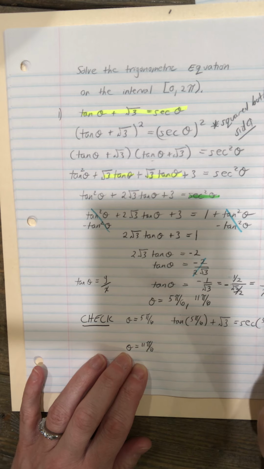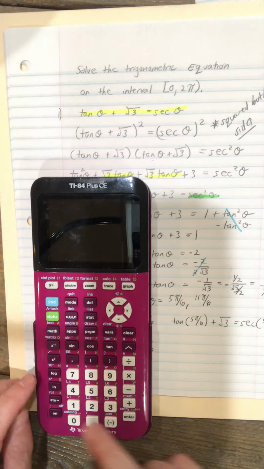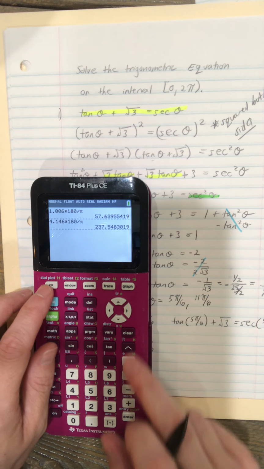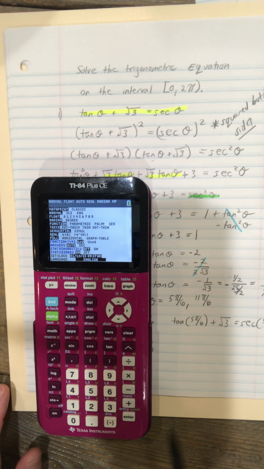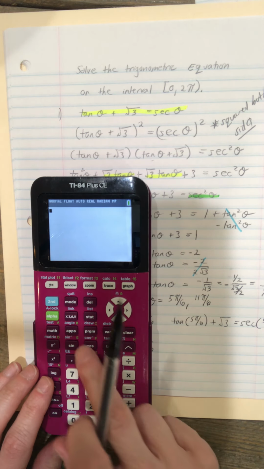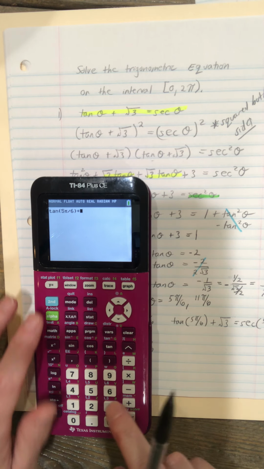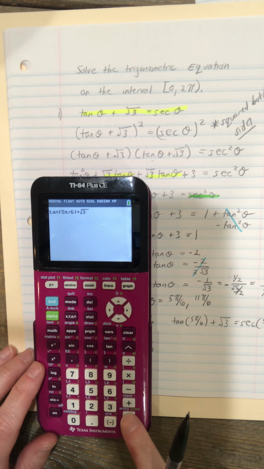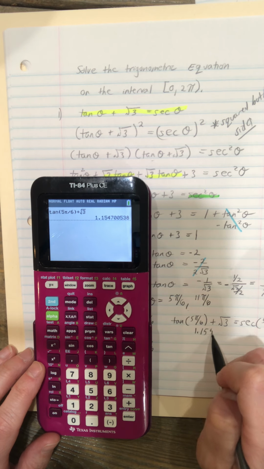I'm going to let you just use your calculator for this. If we're working with radians, go to your mode and make sure that it's in radians. So I say tangent of 5 pi divided by 6 plus root 3. This side is 1.155.